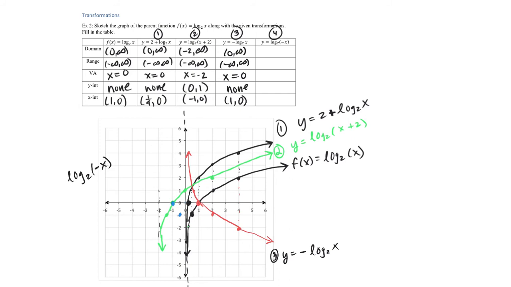And then this point here will be reflected across, as will this one. 1, 2, 3, 4. Okay. So we still have that same vertical asymptote, but now our domain is going to go from -infinity to 0. Our range is the same, -infinity to infinity. Our vertical asymptote is the same, but our y-intercept, we still have none, right? But the x-intercept is the one that switches to -1, 0.